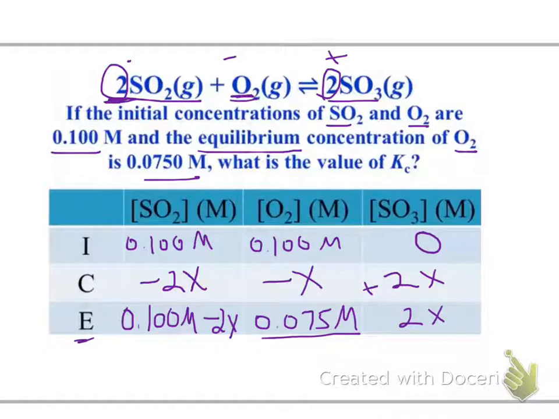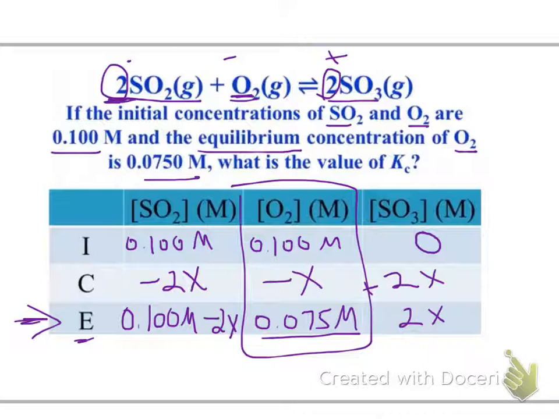Okay, so in order to write my equilibrium expression, I have to know my concentrations at equilibrium. So in order to do that, I have to figure out what X is, and I need to look at my table and see if there's any way I can figure that out. Now, in fact, there is a way because I have an equality here that I can use. So my equilibrium concentration of oxygen is going to be equal to whatever I started with minus what change occurred.